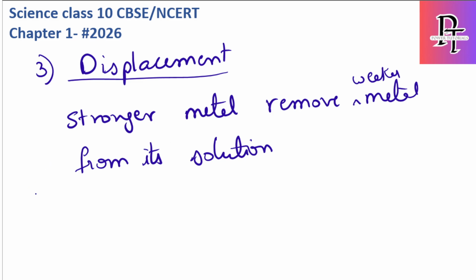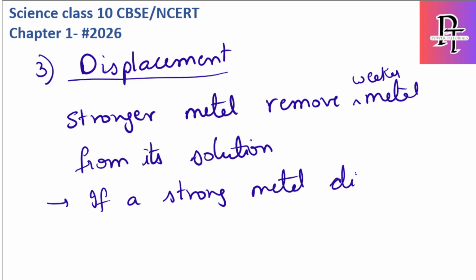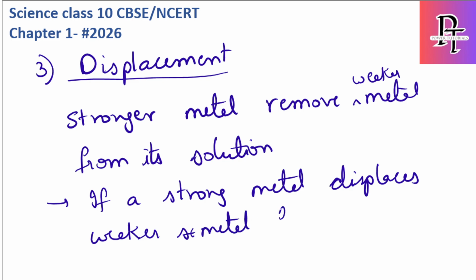This is a general form, but the exact definition is: if a strong metal displaces a weaker metal from its solution, it is called displacement. Okay, this is a definition, but just remember, instead of displacement it is something like a removal.